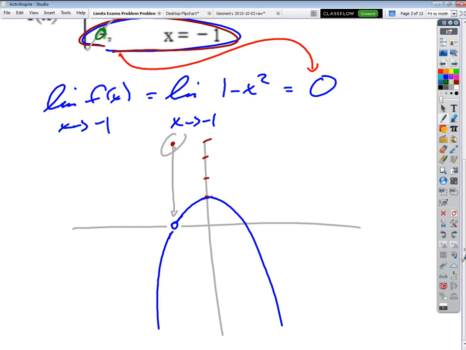With one-sided limits, now we can say, in other words, the limit as x approaches c from the left is the same as the limit as x approaches c from the right. If those two one-sided limits agree, isn't that the same thing as saying the two ants agree, right? And so really a two-sided limit just means that the one-sided limits exist and agree, okay? And we'll see another example like that too.